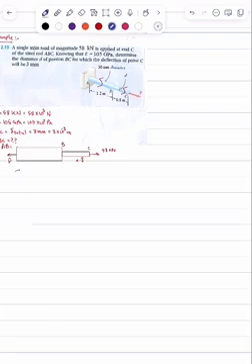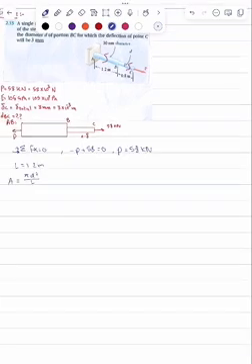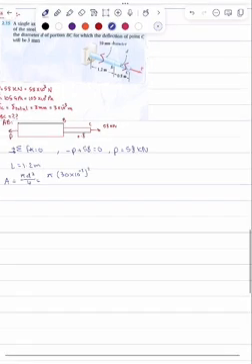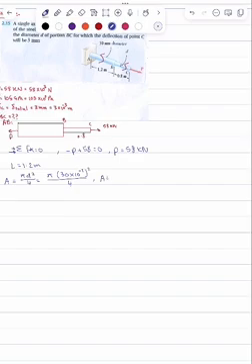Now A equal pi D power 2 over 4 equal pi times 30 times 10 power minus 3 power 2 over 4. So A equal 7.065 times 10 power minus 4 meter square.